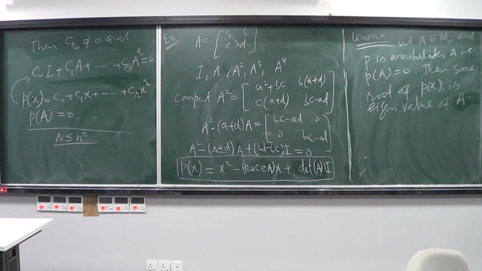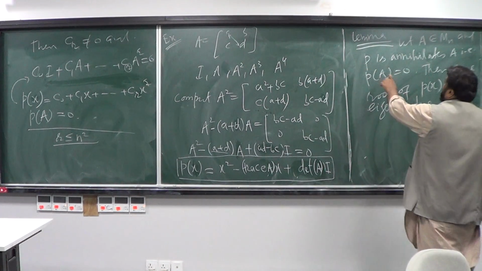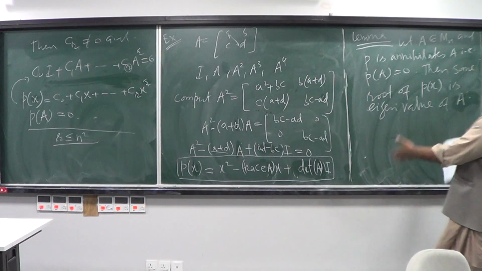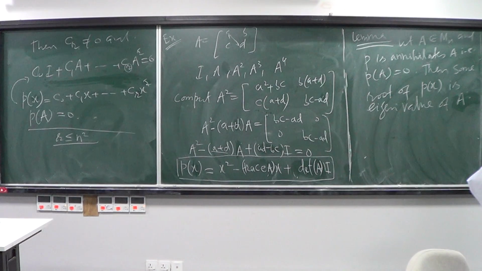Then if you have a matrix and an annihilating polynomial, at least one root of this annihilating polynomial is going to be an eigenvalue of the matrix A. So this is going to show that A has an eigenvalue. Why?